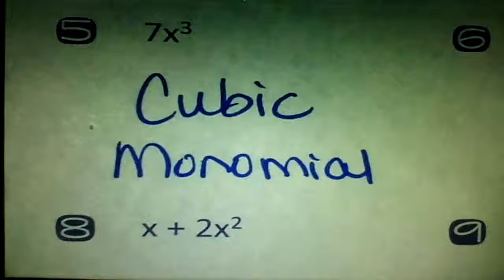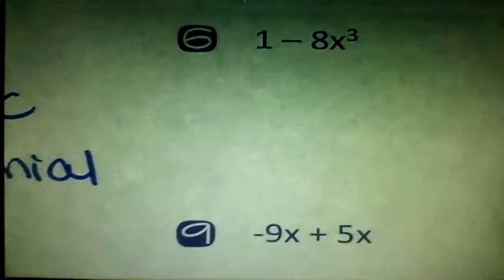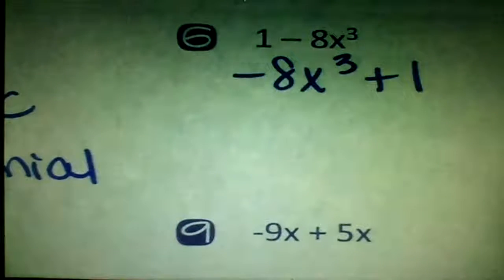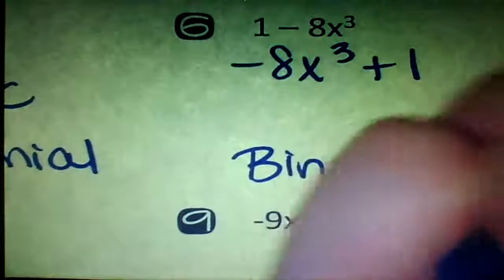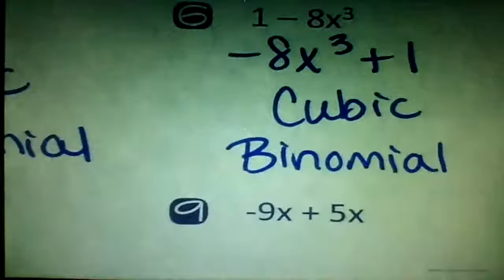Number 6 needs to be rewritten first. So, negative 8x cubed plus 1. It is a binomial, and it is cubic. Your highest degree is a 3, which puts it as a cubic. Binomial, because I have 2 terms.